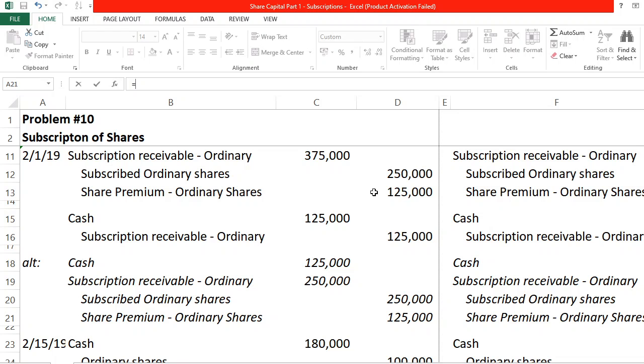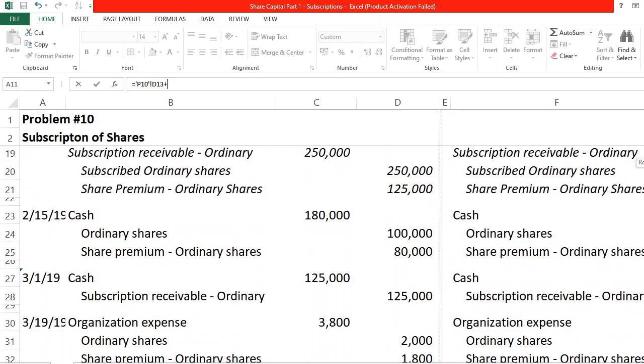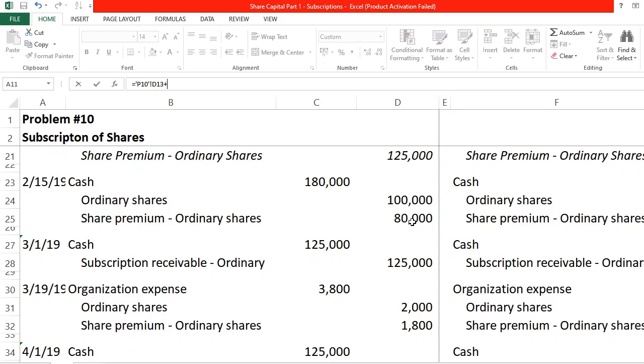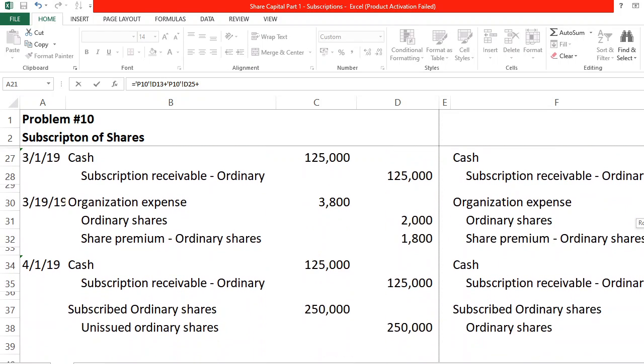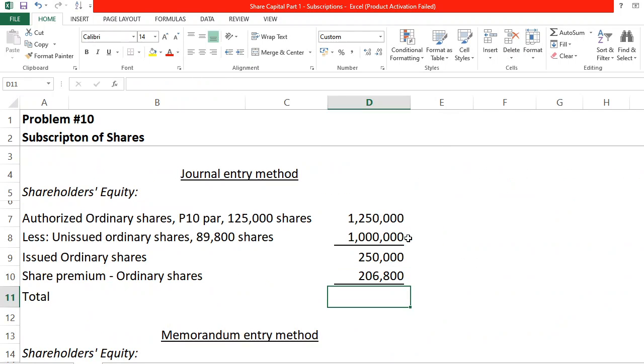First share premium, this one, plus the next share premium is this. Okay, and at the bottom there's another share premium of 1/8. And there you go. Our total shareholders' equity now is 468,800 pesos under the journal entry method.